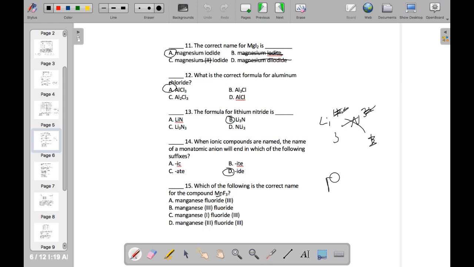And F3, fluorine is actually a halogen, so it's going to have a 1 minus charge. There's 3 of them, so all those together are going to be 3 minus. So that manganese has to be a 3 plus, which means it has to have a Roman numeral 3, so it can't be this, and it can't be this. And also there's never a Roman numeral after the anion, so B is our answer.